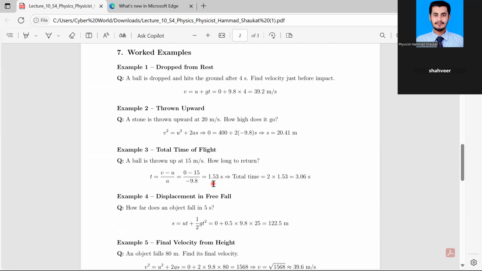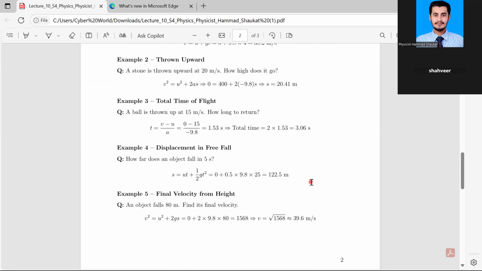But if they ask you to find the total time, meaning the time the ball again comes into your hand, just multiply your answer by two, twice. So 2 multiplied by 1.53, you will get your total time, which is 3.06 seconds. Any question? No. Okay.